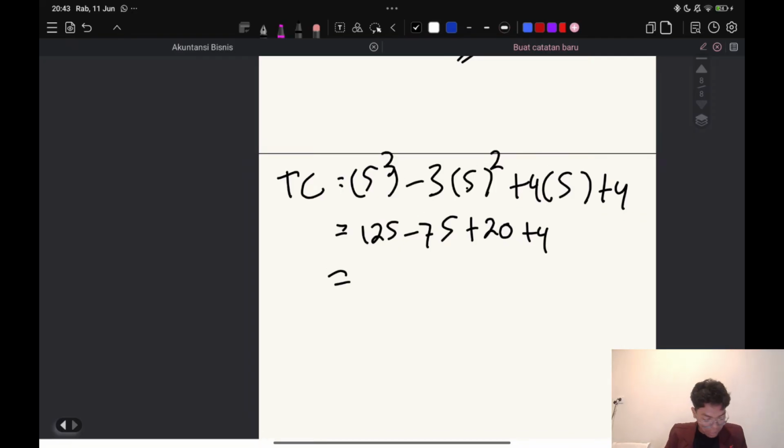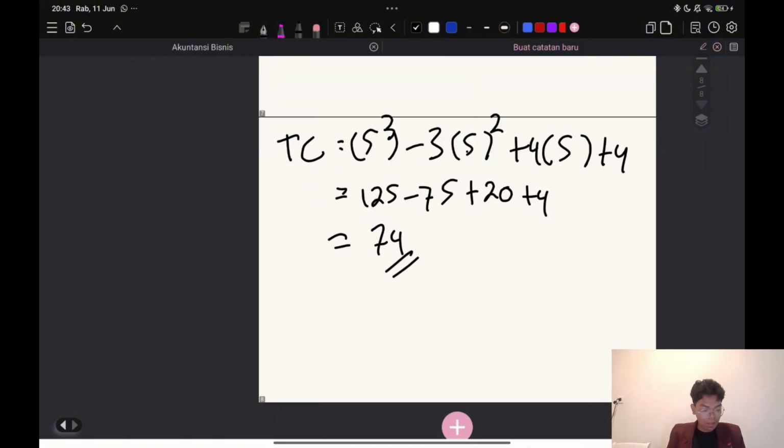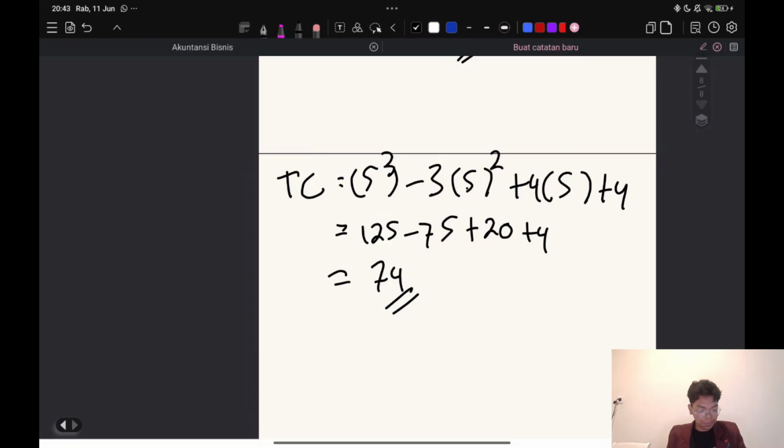Total is 74. Okay, and I want to add how to find average cost.